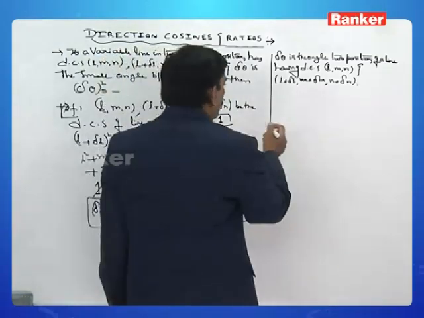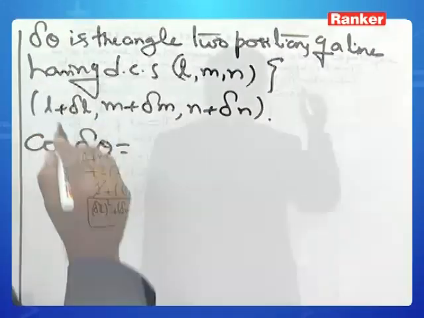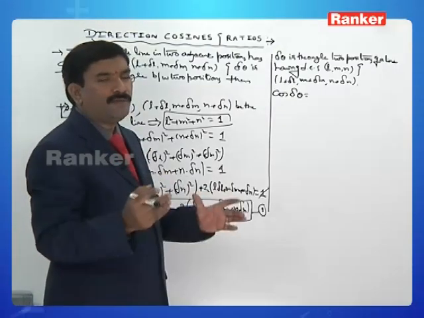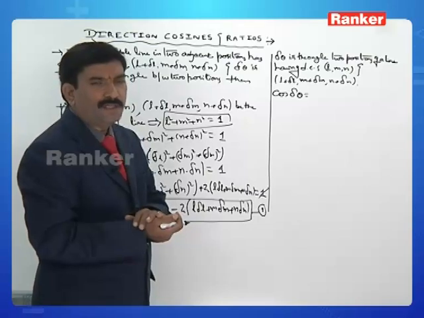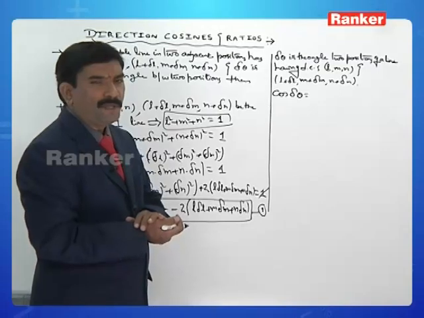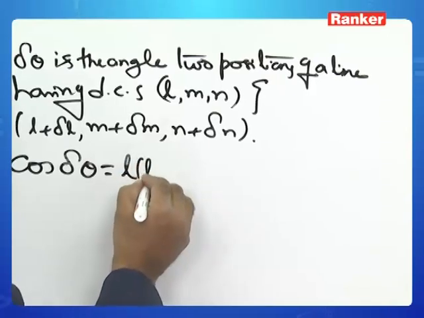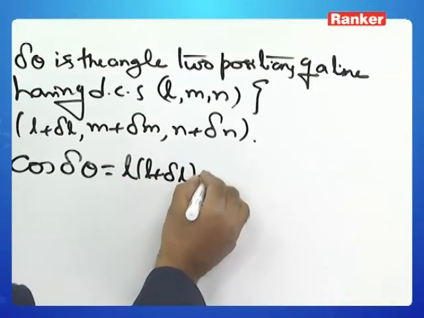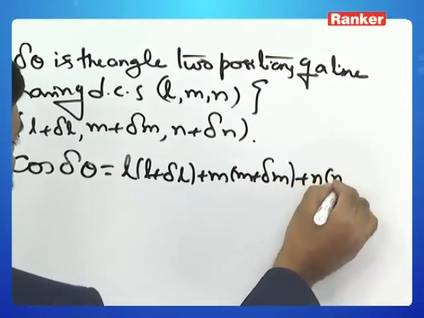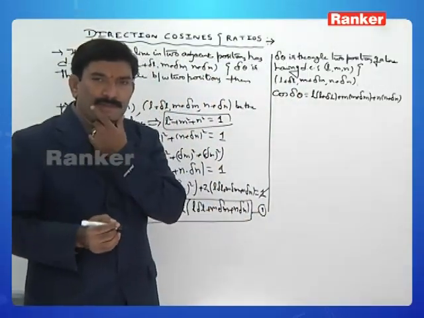Now I can write that is cos δθ. Instead of θ, we are given with δθ, the angle between the lines in two adjacent positions. So therefore cos δθ is equal to l(l + δl) + m(m + δm) + n(n + δn), right? Followed?